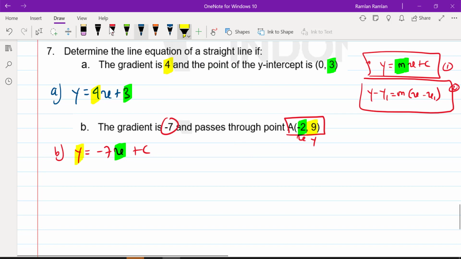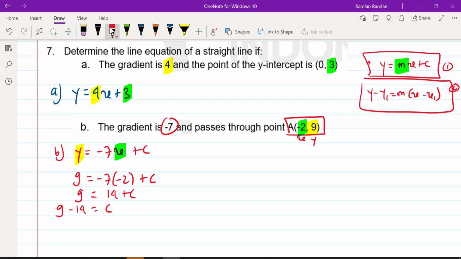If I substitute that, you will get 9 equals -7 times -2 plus c. And you only need to solve this equation. -7 times -2 is 14, and if I subtract both sides by 14, that'll be -5 equals c. So c is -5.